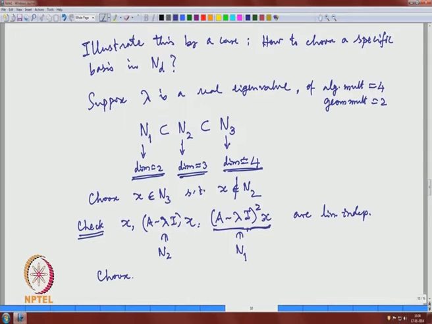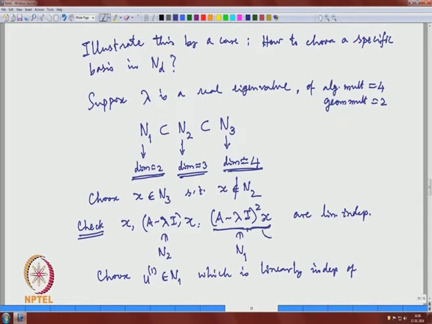So, choose, let me call it u1 in N1 which is linearly independent of this. So, let me put some names.